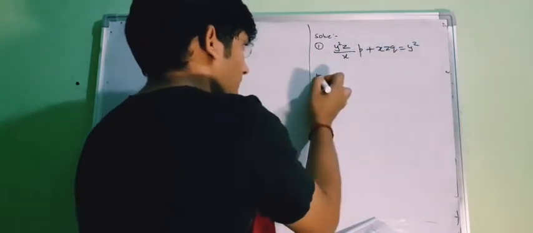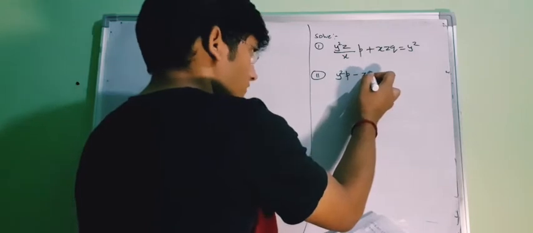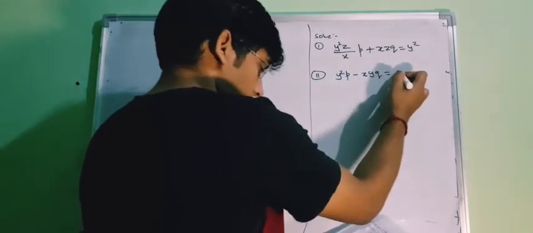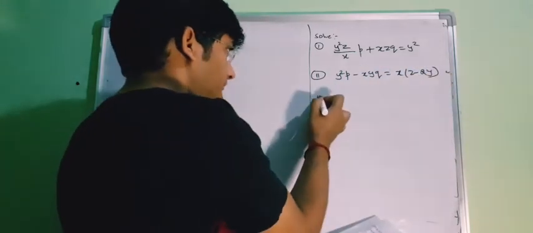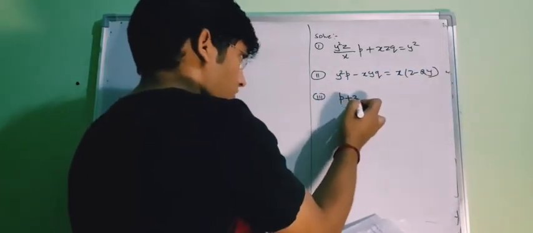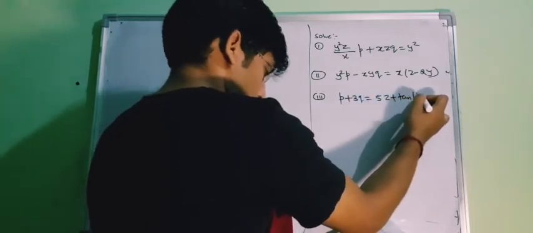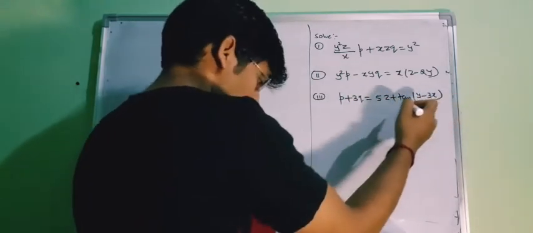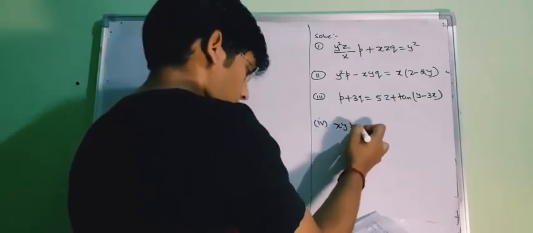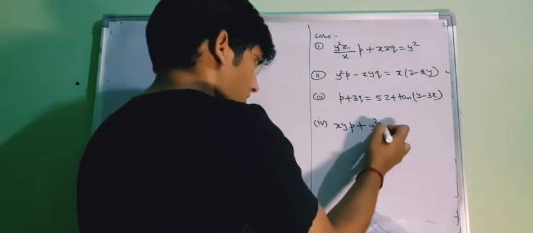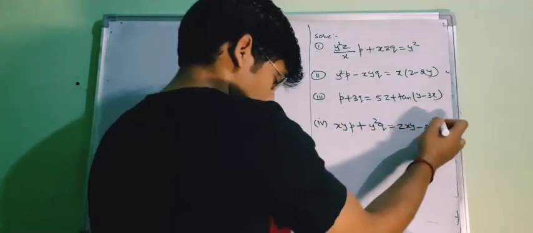and the second problem is y square p minus x y cube q is equal to xz minus 2y, and the third problem is p plus 3q equal to 5z plus 10y minus 3x, and the fourth problem is xyp plus y square q equal to zxy minus 2x square.